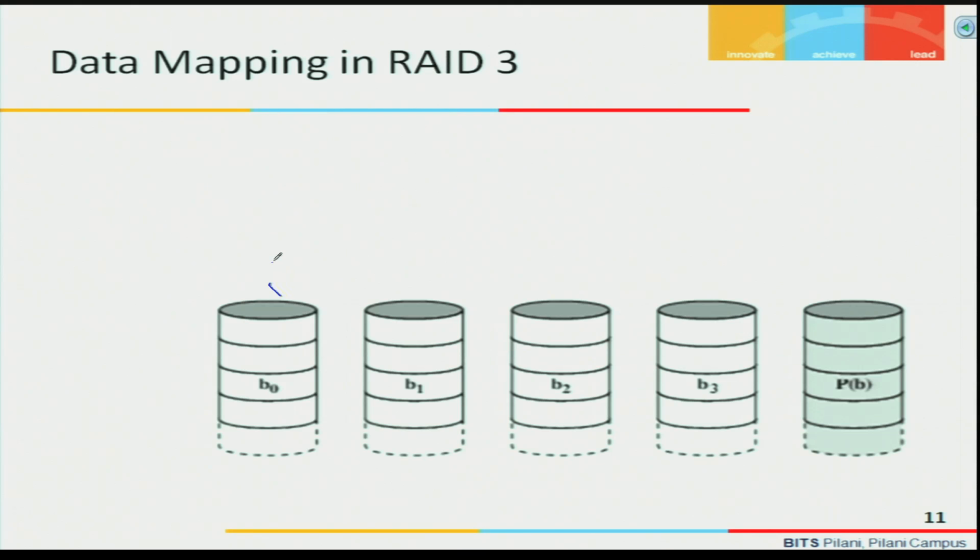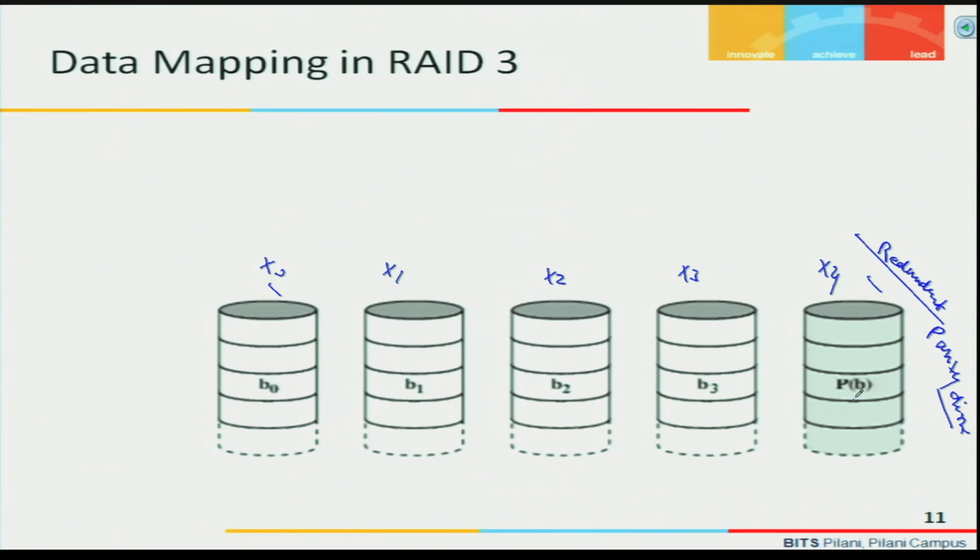Let me name these 4 disks X0, X1, X2 and X3, and this is the redundant disk, also called the parity disk, named X4. The bit interleaved parity is stored. The bit interleaved parity of bits B0, B1, B2 and B3 is PB. So, only one redundant disk is required in this case.